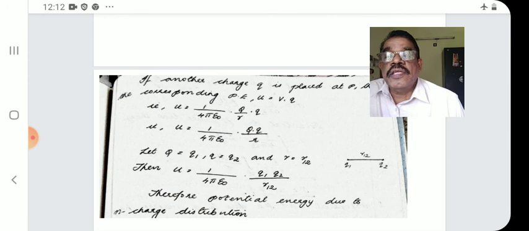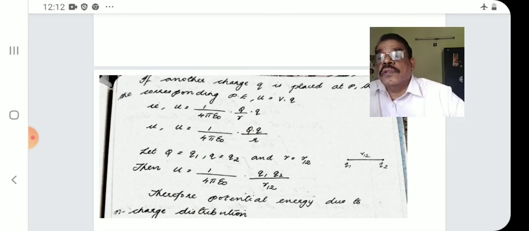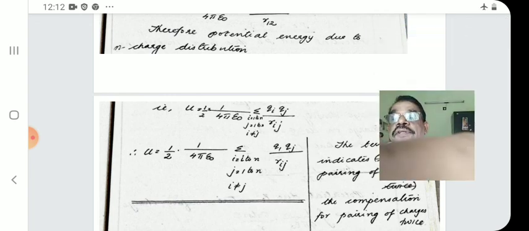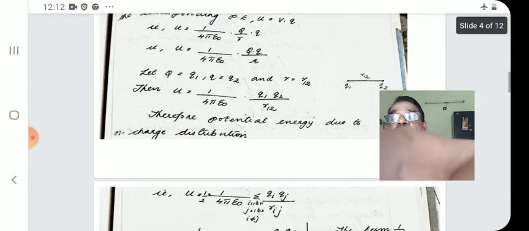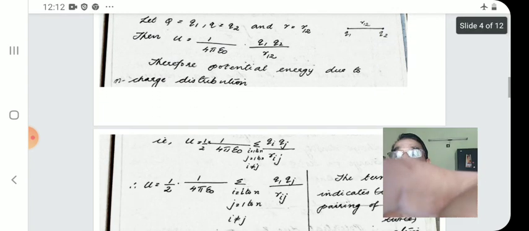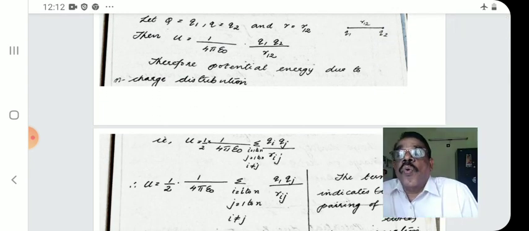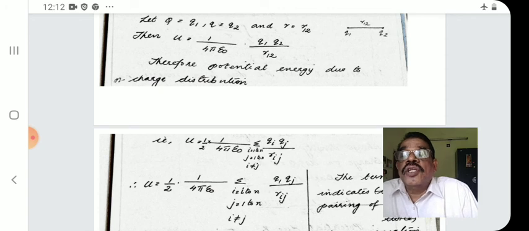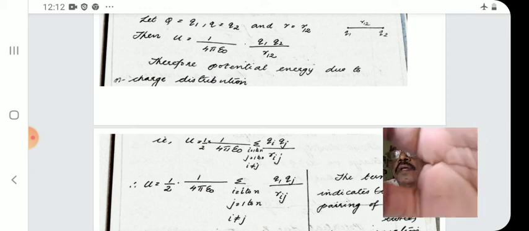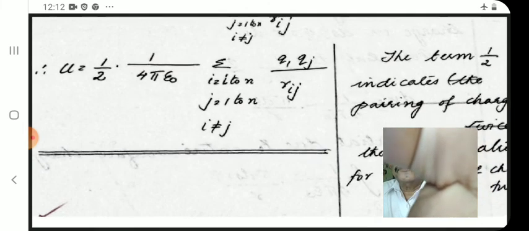Therefore, for the potential energy due to a charge distribution of n charges, the equation we have seen is for 2 charges. If there are n charges, the relation becomes U is 1 by 2 into 1 by 4 pi epsilon 0 sigma, I is equal to 1 to n, J is equal to 1 to n, I not equal to J, Qi Qj by Rij. I think you can read it.